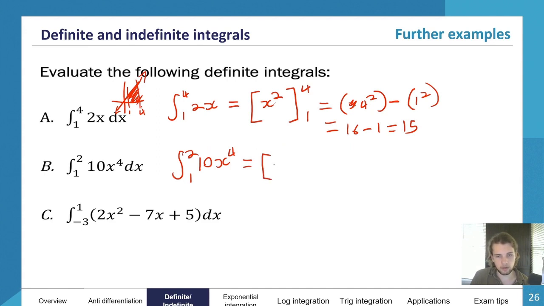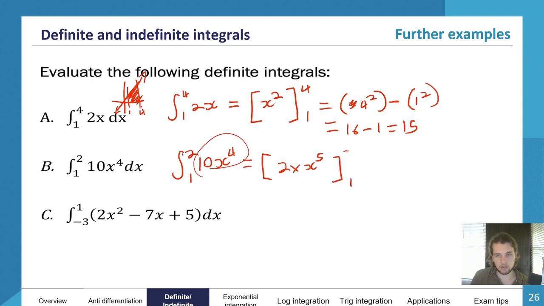So that would be, we would have a 10 times, we'd have some fraction at the front probably, multiplied by x to the power of 5. Now we know it creates 10 at the end, so there would probably be a 2 out the front here. So 2 times 5 equals 10. So if we differentiated this, it would equal this here.